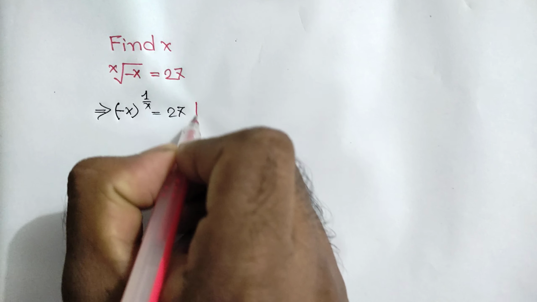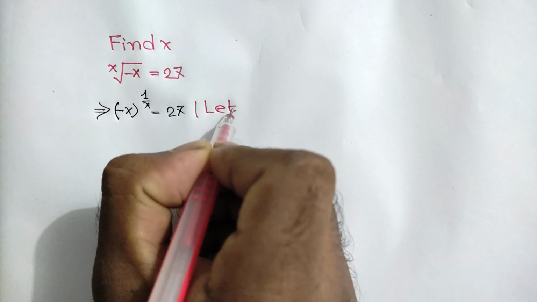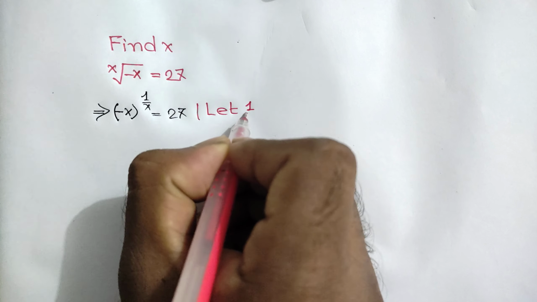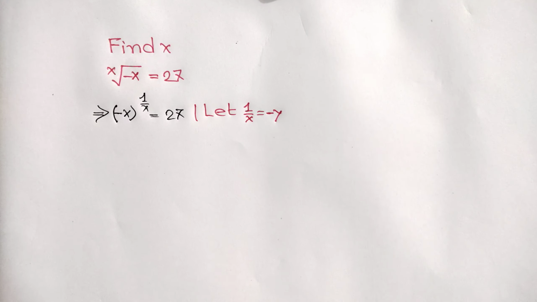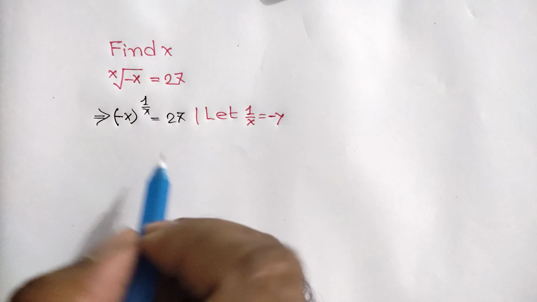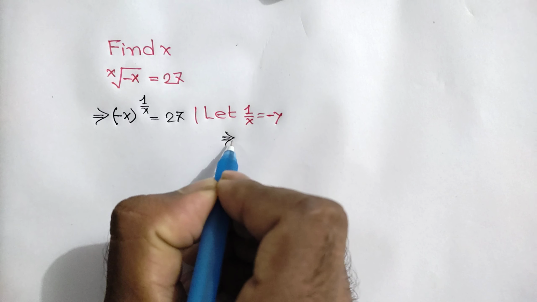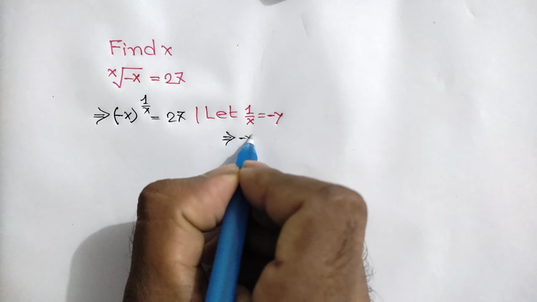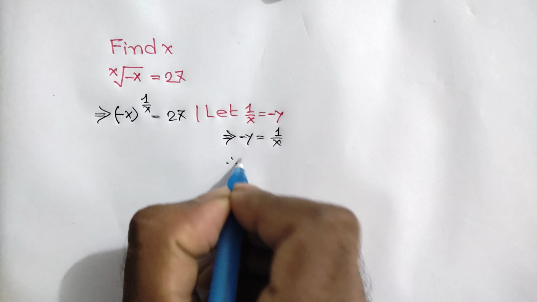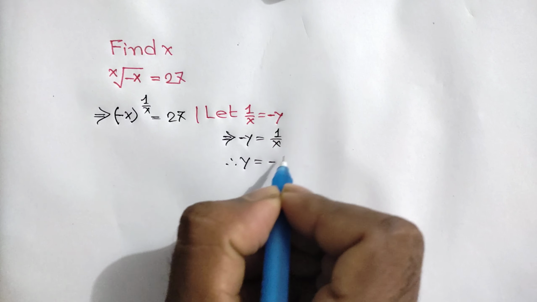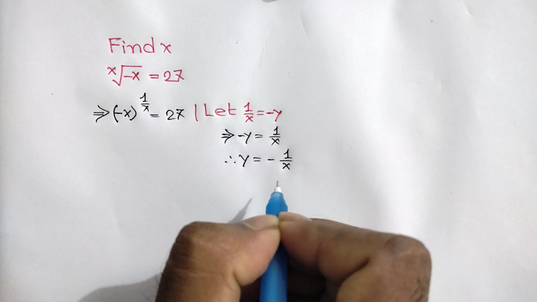Now let 1 over x be equal to negative y, so the value of y is equal to negative 1 over x.